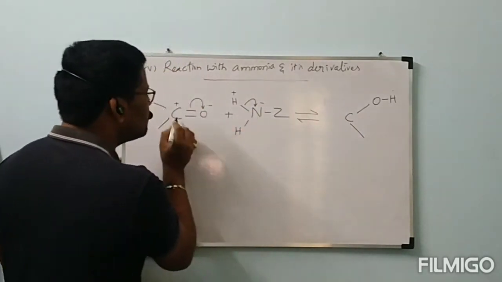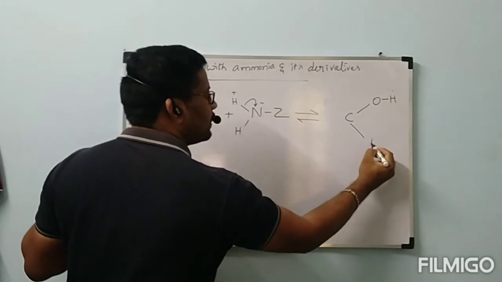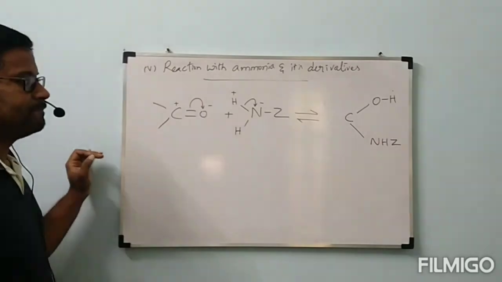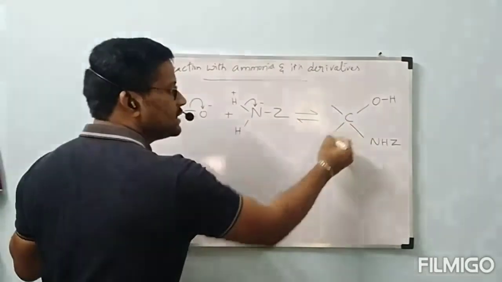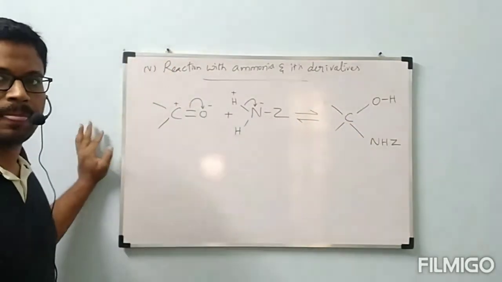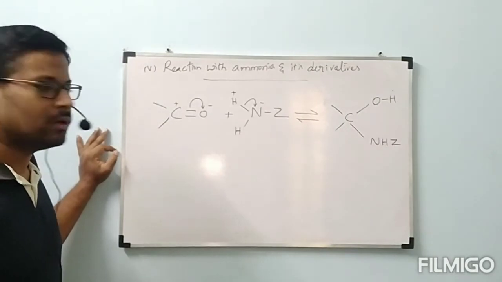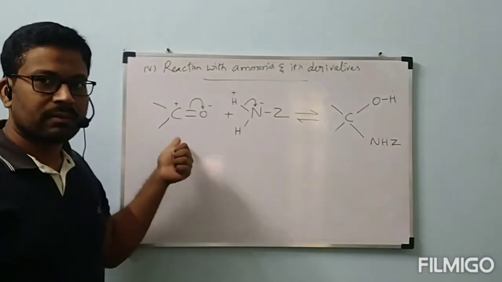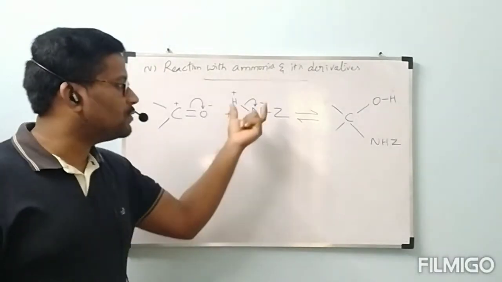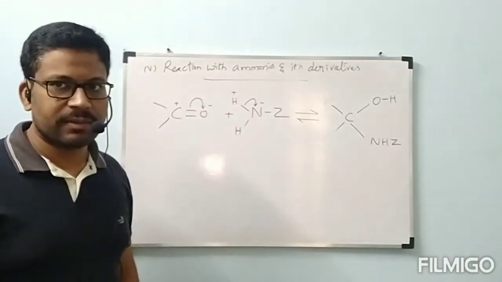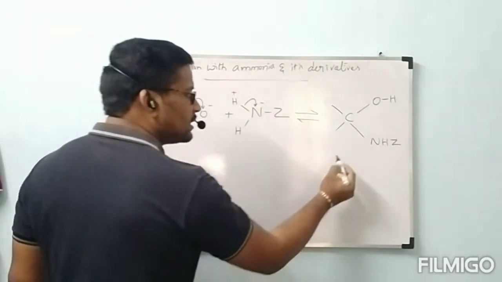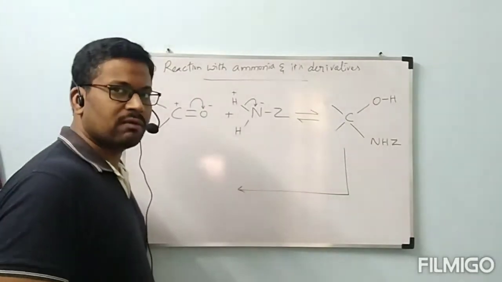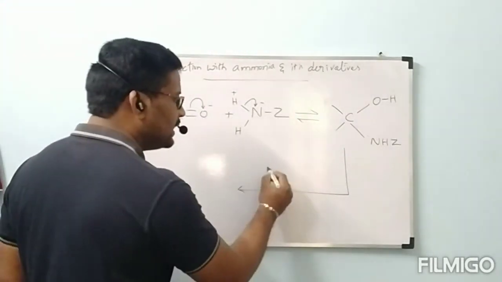Then this N will form a bond with C, giving NHZ. The remaining 2 bonds are the same. Okay, this is the intermediate. When a carbonyl group reacts with an ammonia derivative, we will get this intermediate. Now, this intermediate will be converted to the final product by dehydration.